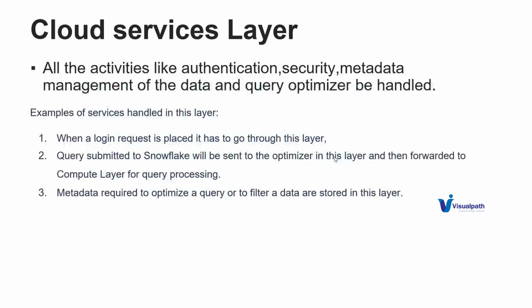So what are the other activities available? Authentication. When we are connecting to Snowflake through the URL, someone has to validate whether this particular user is the right user or not, and whether the password is correct or not. That type of authentication the cloud services layer will do. Not only the user login, the object also.